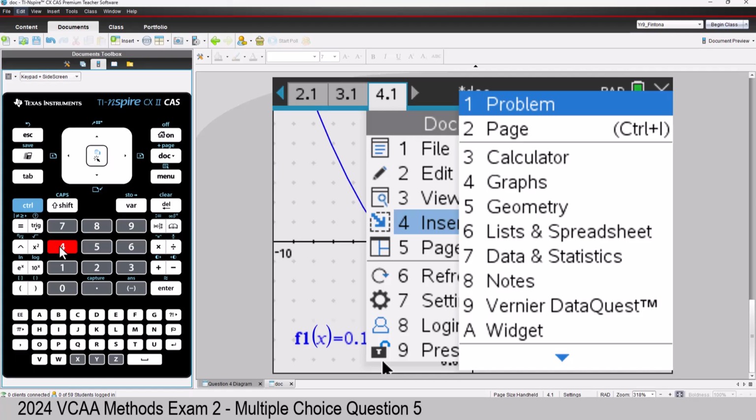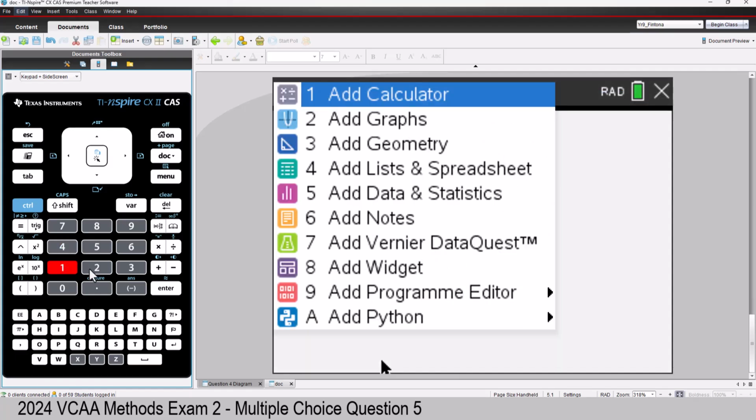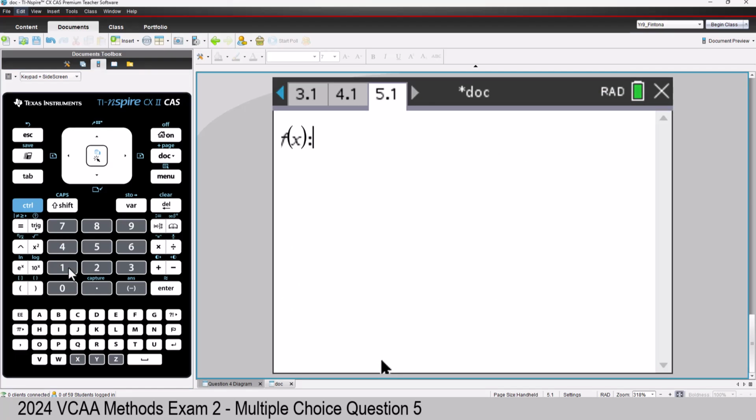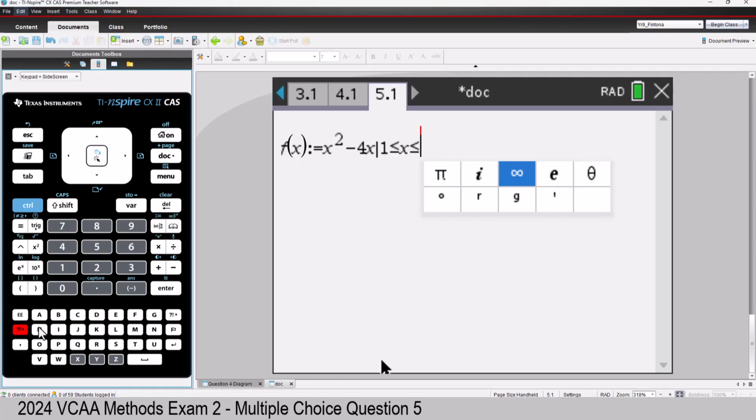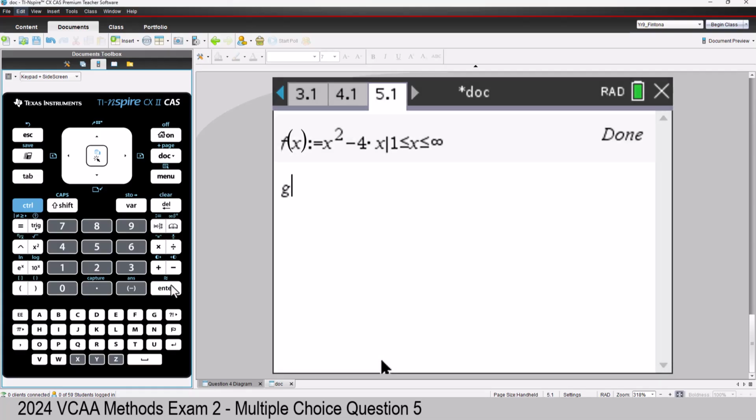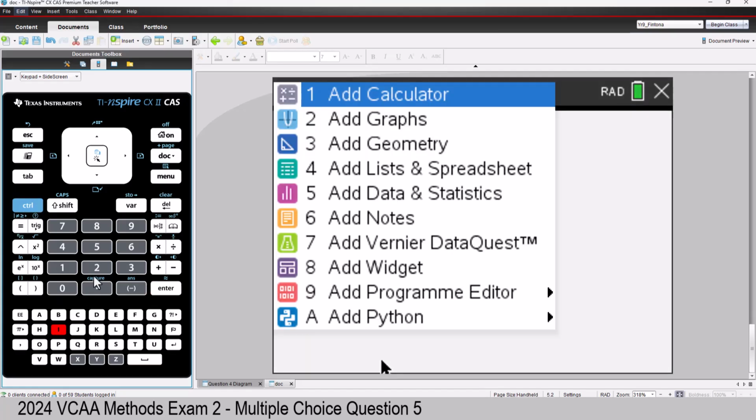I'll start by defining f of x over the restricted domain. And then g of x. Now I can graph g of f of x, and remember, we are looking for the range of this function.